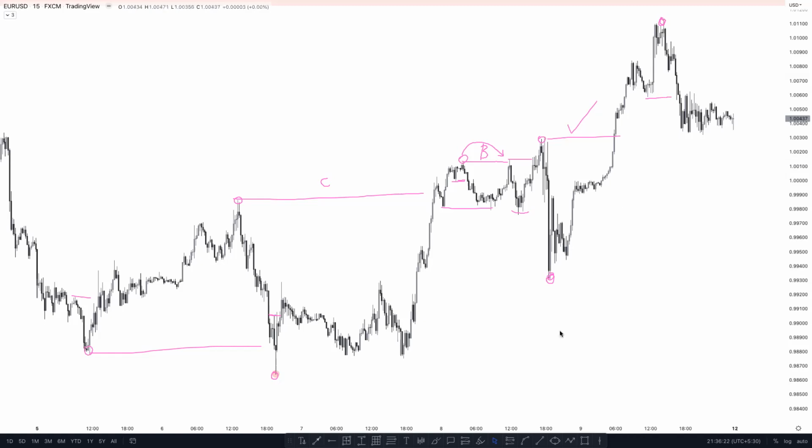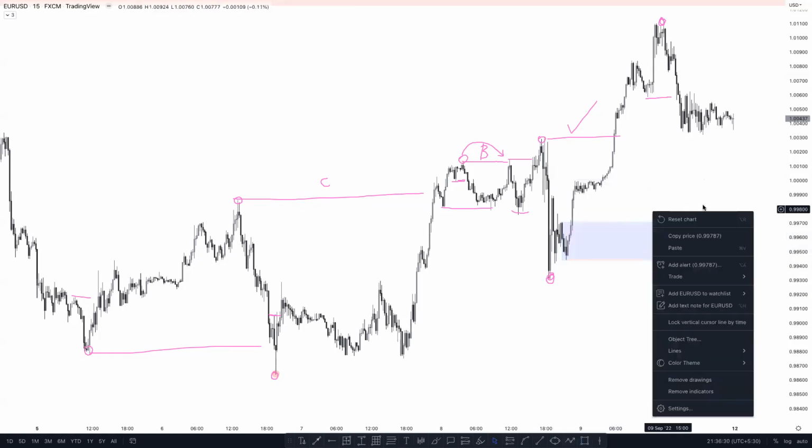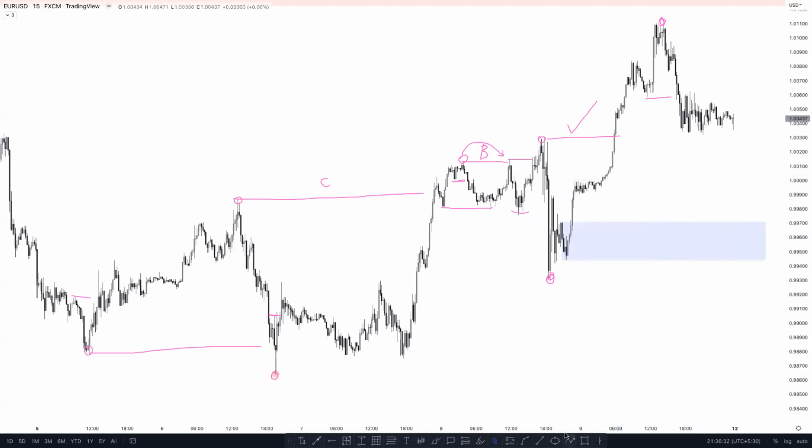We can mark the order flow. And if you start marking the order flow, this could be like this, okay. So this is your demand zone, like POI zone. Sorry, this is your order flow, and you can refine your POI zone, demand zone right here.